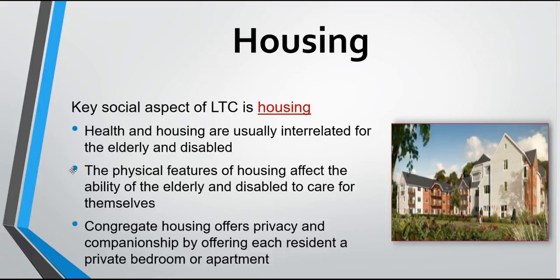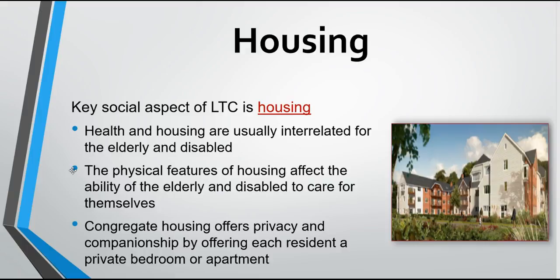Now, a key social aspect of long-term care is housing. So health and housing are usually interrelated for the elderly and disabled. The physical features of housing affect the ability of the elderly and disabled to care for themselves.